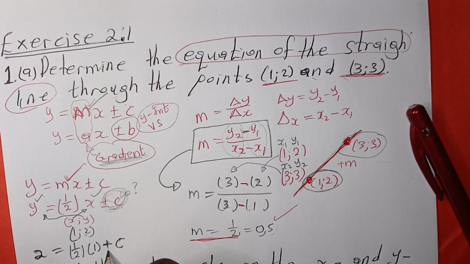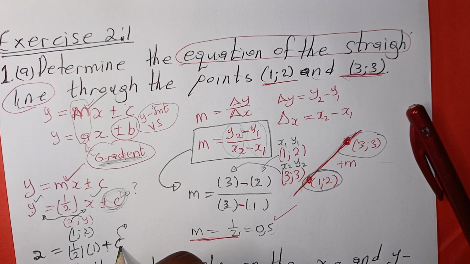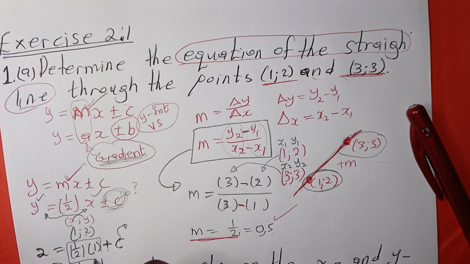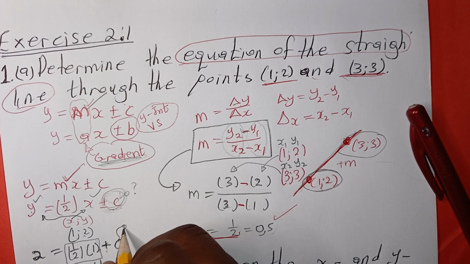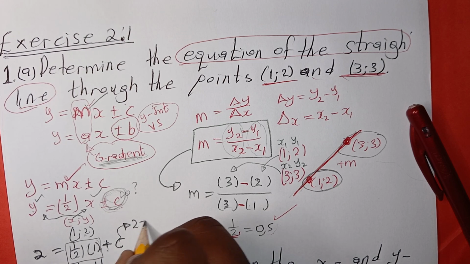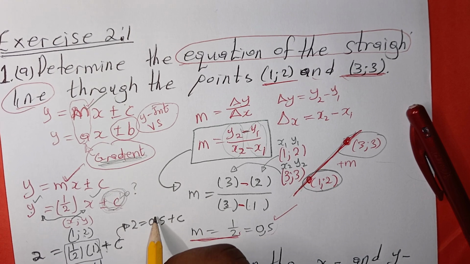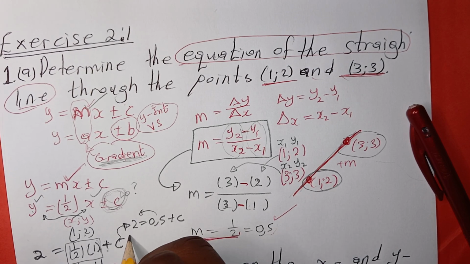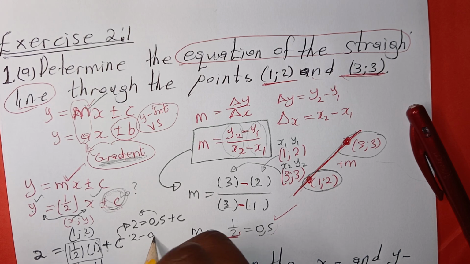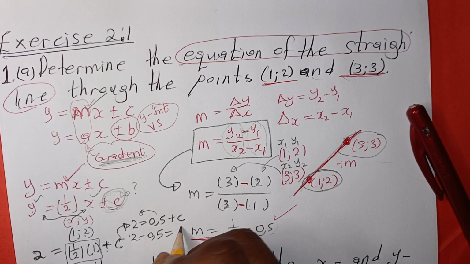Then, to solve that unknown value, you punch it on the calculator to make it simple. You'll find that you get 2 equals 0.5 plus c. Take this to the other side, it becomes 2 minus 0.5, which is equal to c.